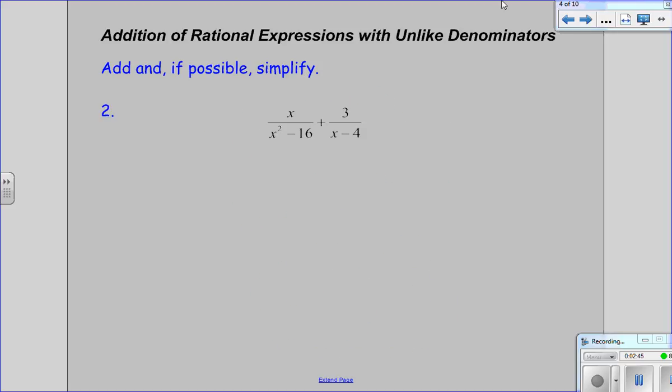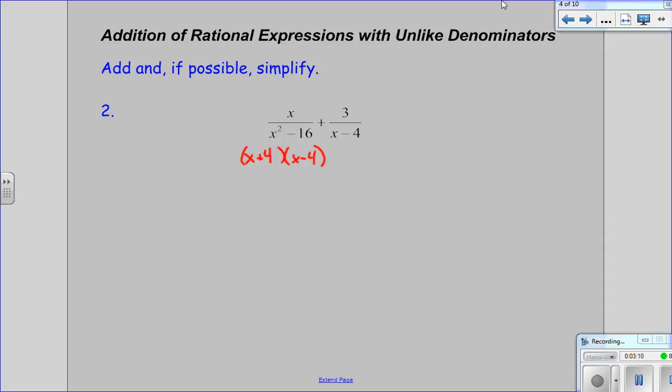This time our denominators are not like denominators, but you'll notice our denominators are binomials. So the first thing you should do, if you have denominators that are binomials or trinomials of some sort, is to factor that binomial or trinomial. In this case, I'll factor x squared minus 16 into x plus 4, x minus 4.